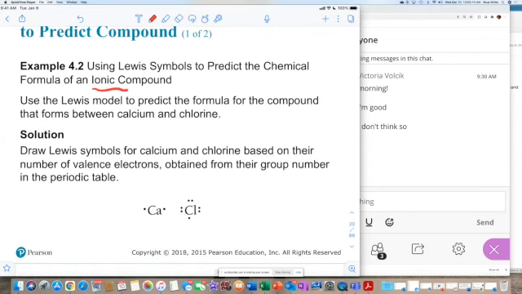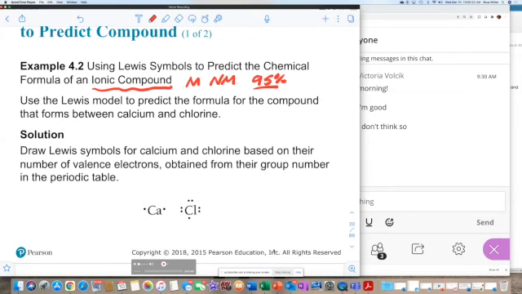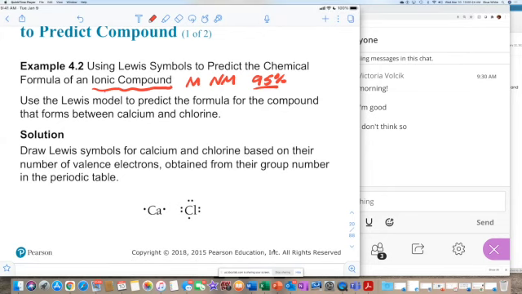So ionic compounds, remember, these are compounds formed between metal and nonmetal about 95% of the time. Okay, there are exceptions. There are some ions that are not metallic, but 95% of the time, ionic compounds are formed between metals and nonmetals. So here we're going to be using our Lewis symbols to predict the structure.